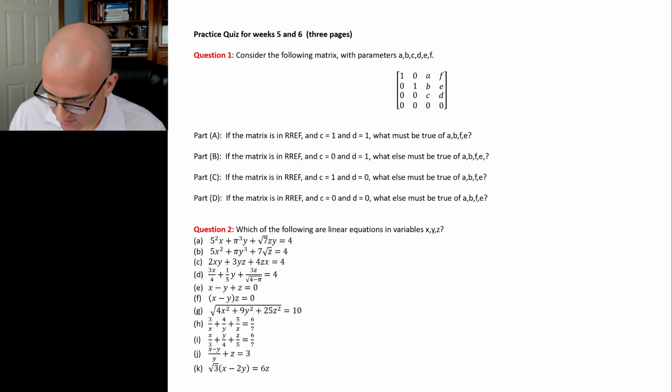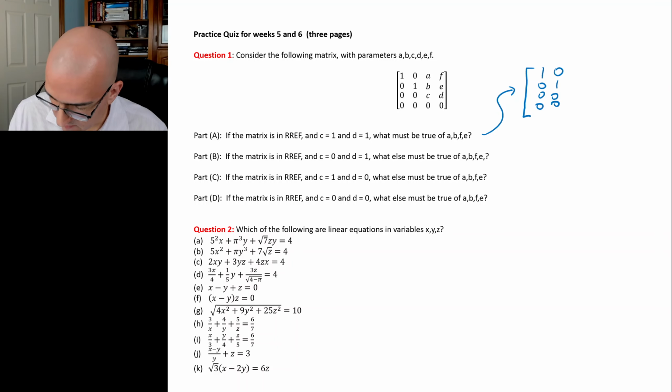If you let C and D be equal to 1, then this is what your matrix will look like. 1, 0, 0, 0, 0, 1, 0, 0. A, hold on, I'm not doing anything with B, F, or E, but I'm setting C to 1 and D to 1.